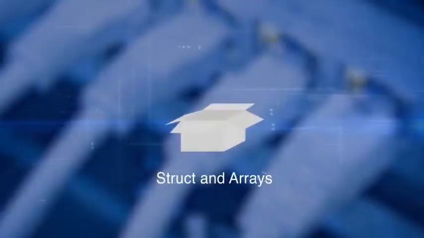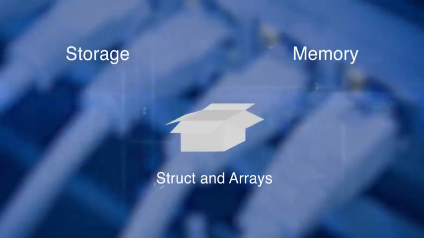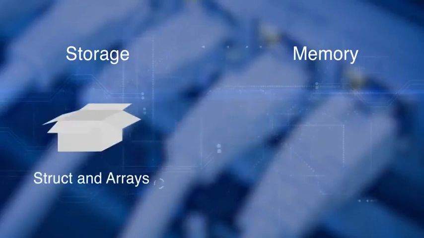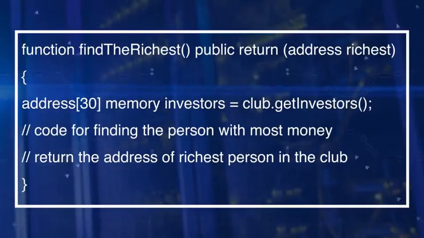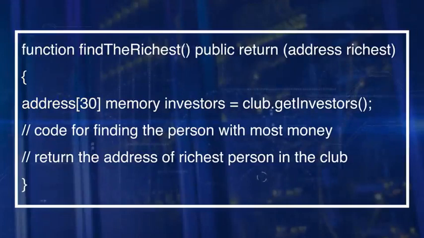There are many ways we could manage the memory versus storage trade-off. Here we'll consider only the composite data struct and arrays. In a Solidity smart contract, struct and array are by default assigned storage instead of memory even when they are local to functions. When a struct or array is a parameter or a local variable in a function, declare them as memory variables.